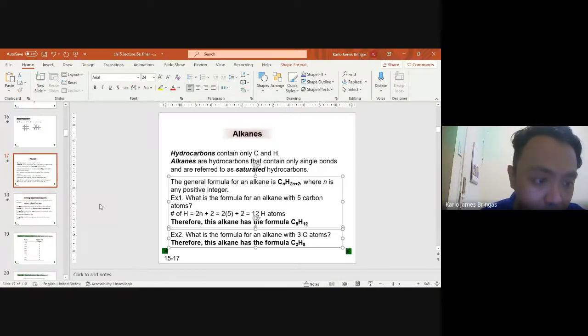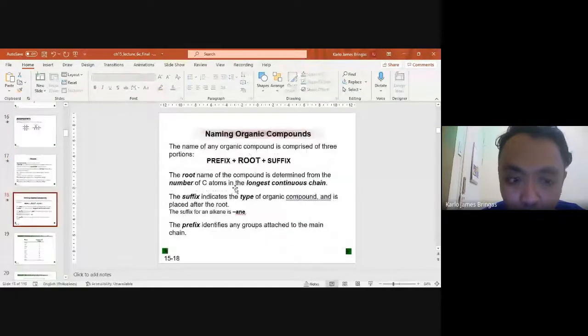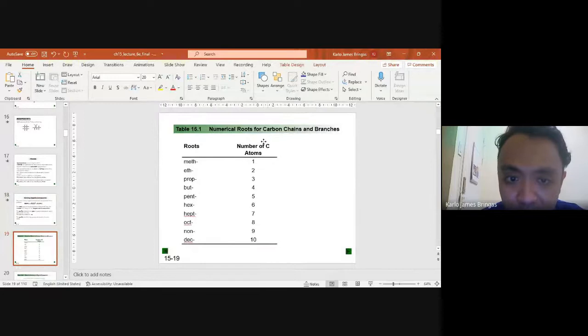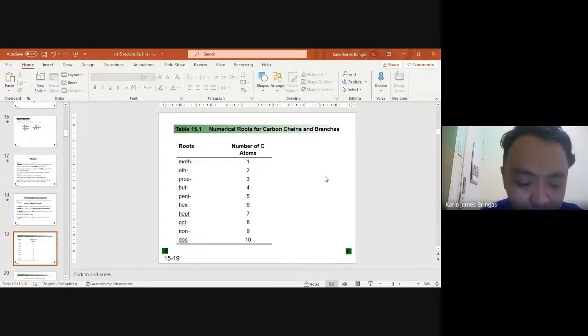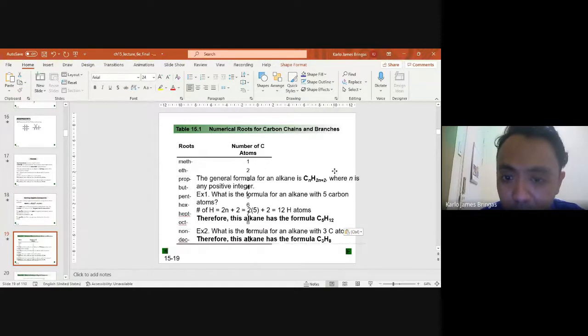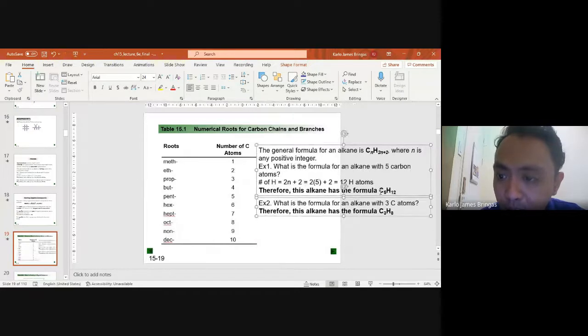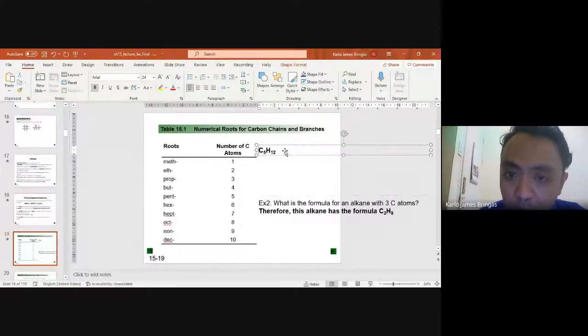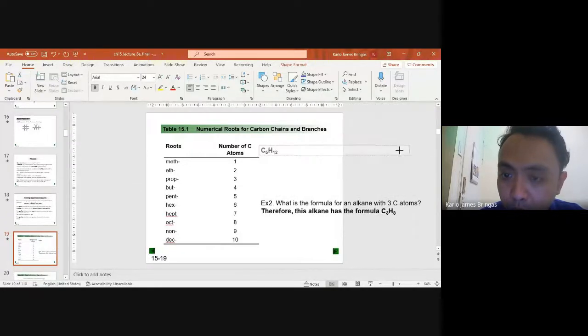If we want to name, for example, C5H12, move ko ito siya to the side. So C5H12, it is named as follows.